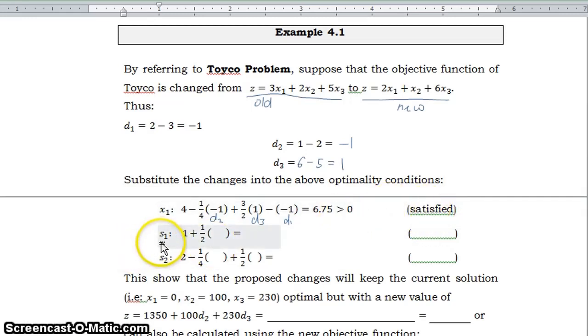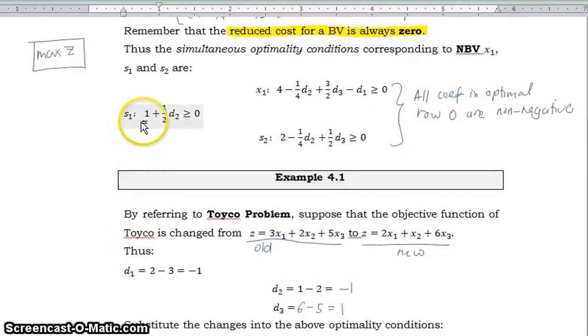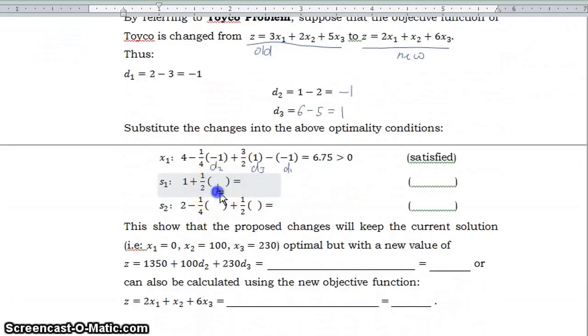Now, let's calculate the reduced cost for S1. From the formula we calculated before, S1 is 1 plus 1 over 2 D2, and this value must be greater than or equal to 0. We substitute D2, which is negative 1, into the formula. So 1 minus 1 over 2 is 0.5, also a positive value.